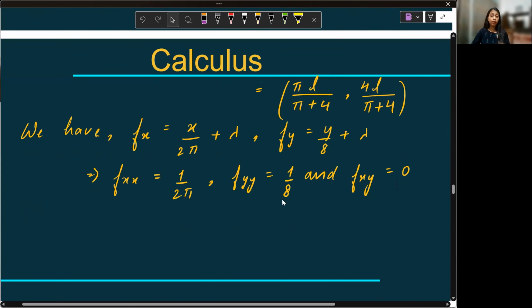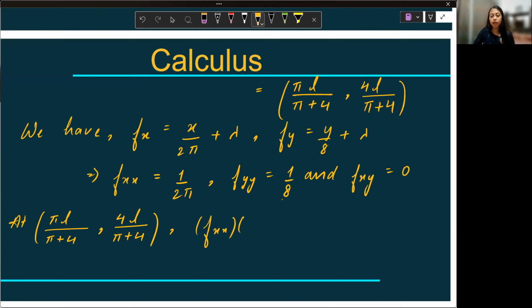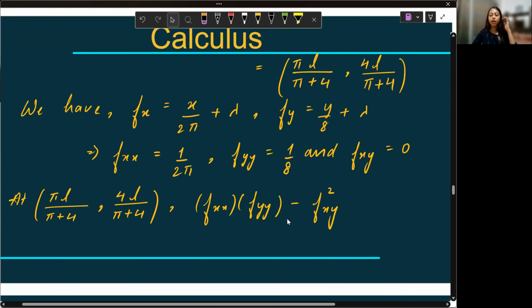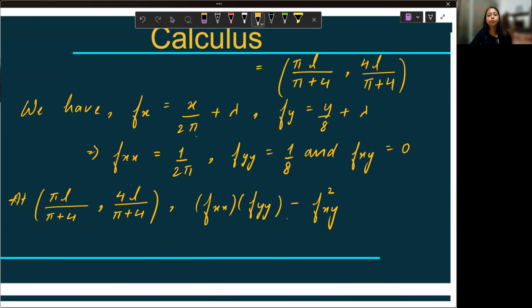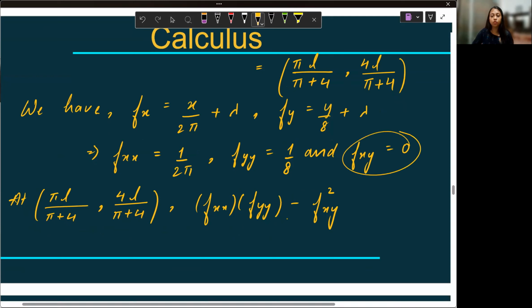Okay, so at the stationary point pi L by pi plus 4, comma 4L by pi plus 4, what is the value of fxx fyy minus fxy whole square? Calculate. You multiply, this is 1 by 16 pi minus 0.